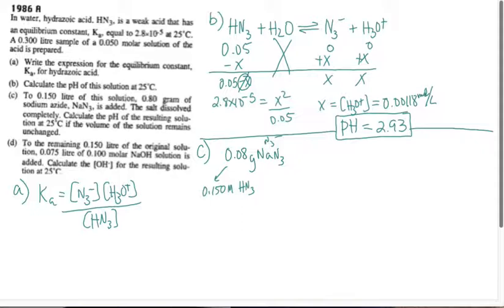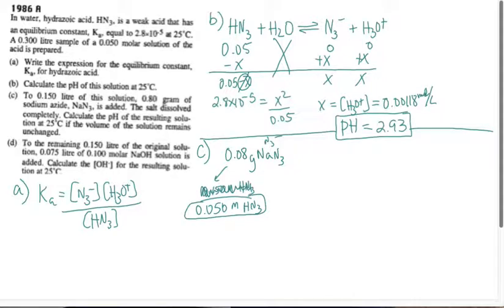So we need the concentration of the acid and the ion, right, to do that? Well, we've got the concentration of the acid. Oh, that was liters. That's just me being dumb. 0.050 molar HN3. So we have the concentration still of the acid.